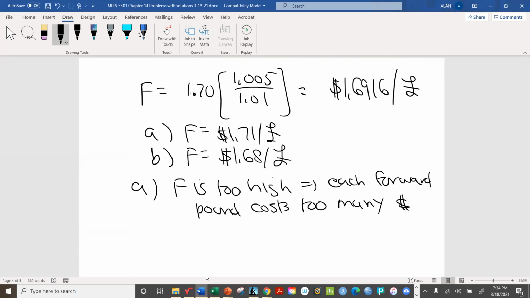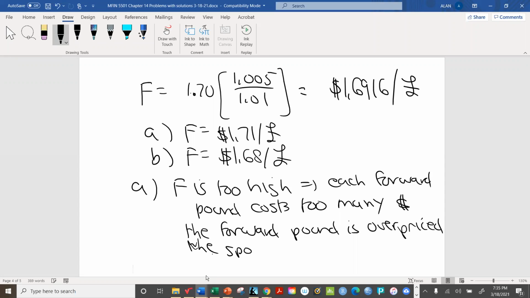It means that the forward pound is overpriced, which means that the forward dollar must be underpriced. Actually, I'm sorry, it's not spot. It's forward as well. The forward dollar.